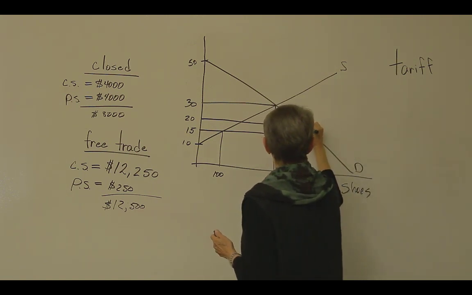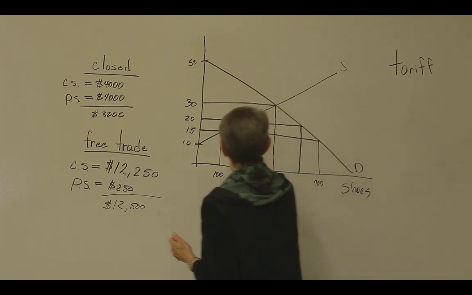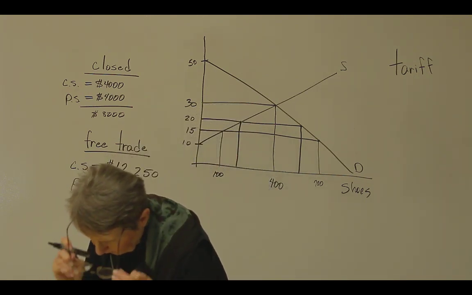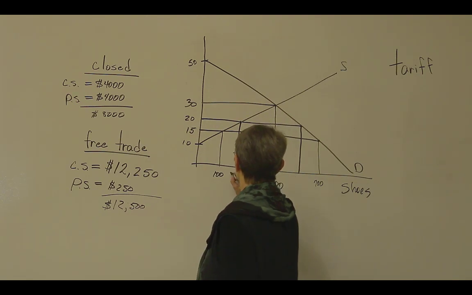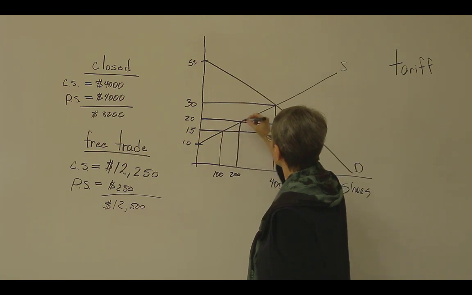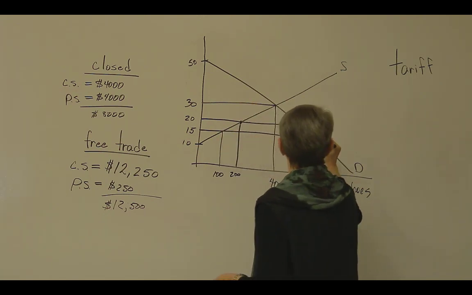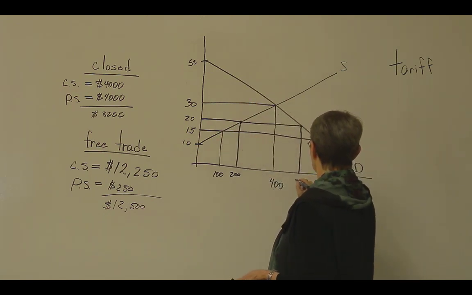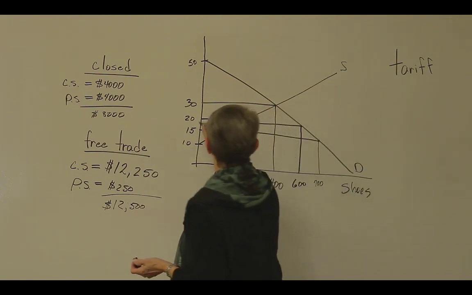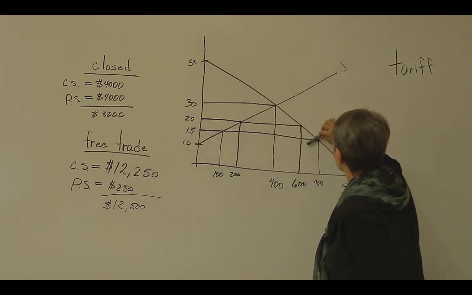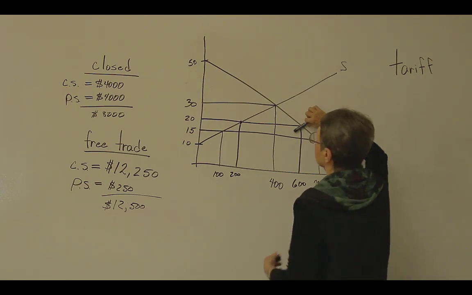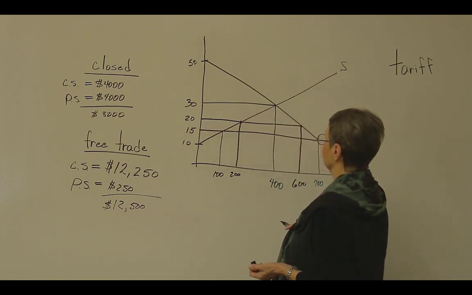And so that means that the domestic quantity supplied is going to be 200, and the quantity demanded is going to be 600. So here's our picture now. We've imposed a tariff on the country that's importing shoes into our domestic economy, which raises the price to $20.